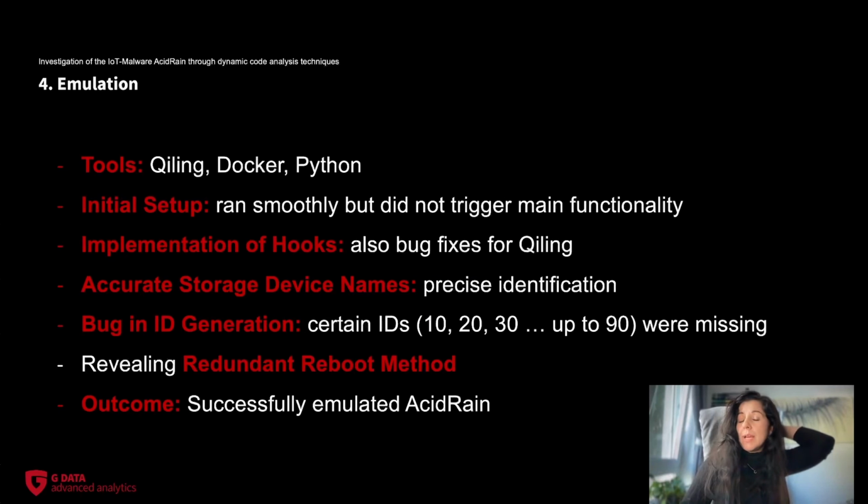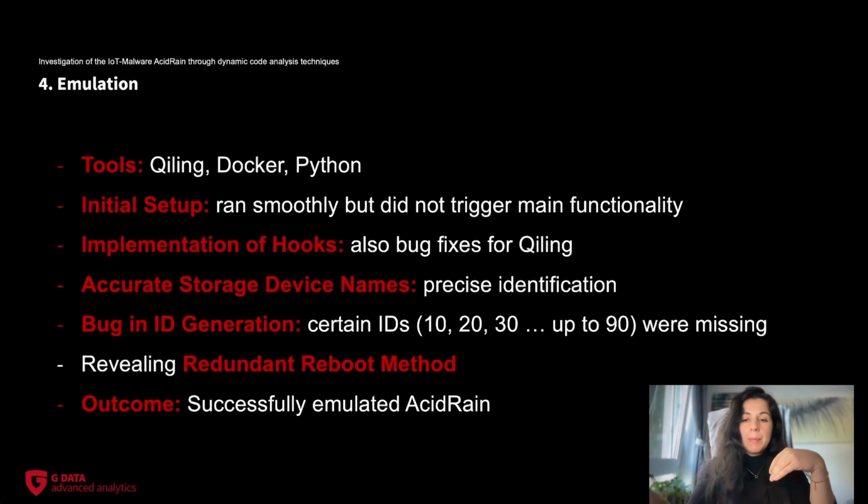So for the emulation, I used tools like Qiling, Docker, and Python as my programming language. We learned that the initial setup ran smoothly, but it did not trigger the malicious functionality.